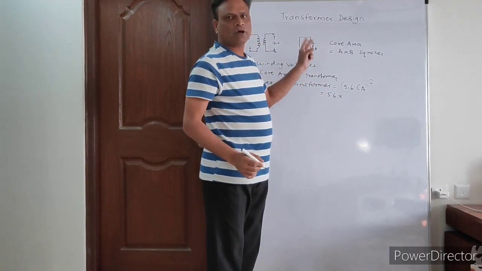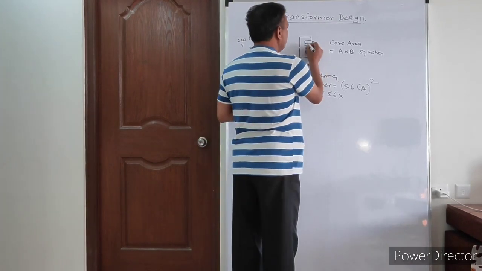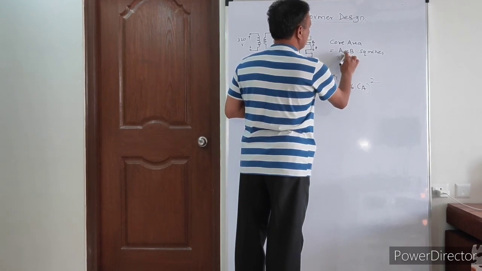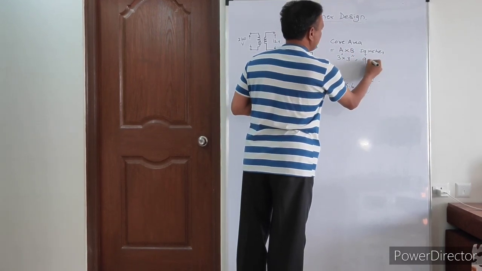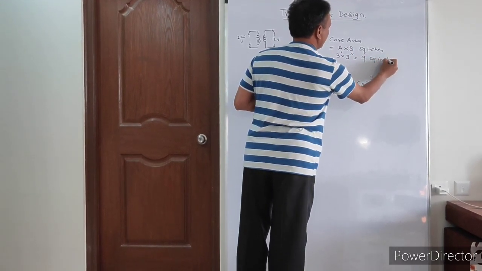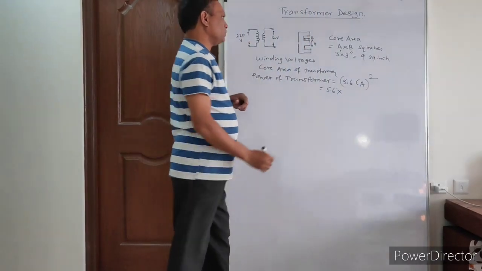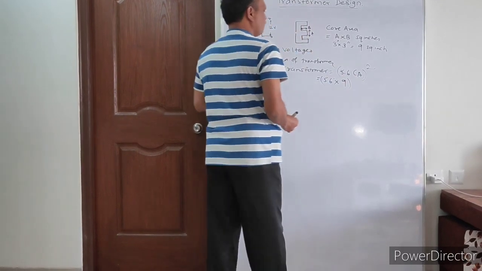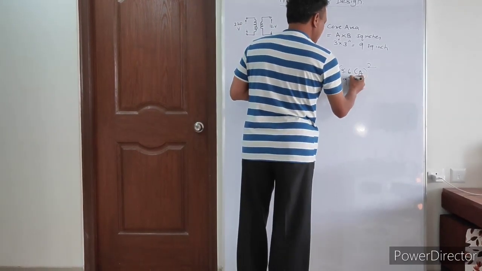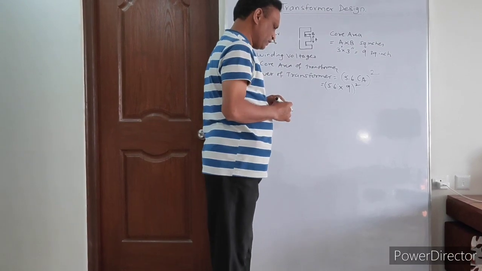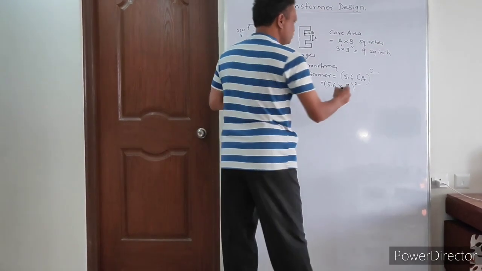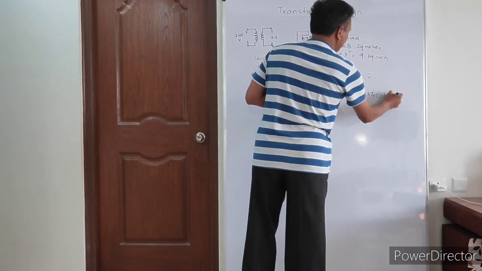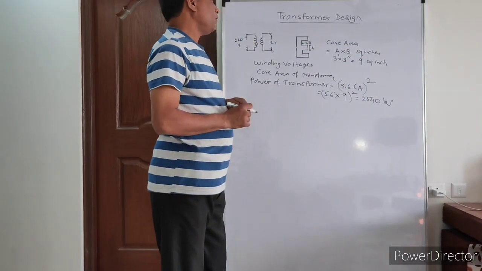For the purpose of understanding, I am taking this core as 3 inch into 3 inch. So I will say this is total 9 square inch as the area of the core. So if I do 5.6 into 9, this whole bracket squared, I get the value as 2540 watts as a transformer power.